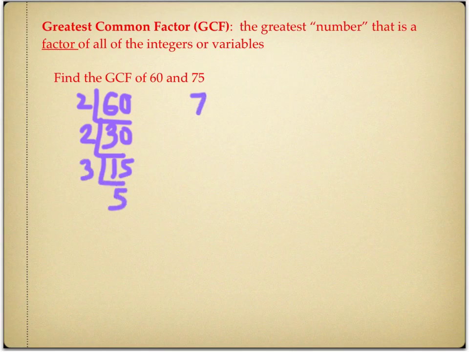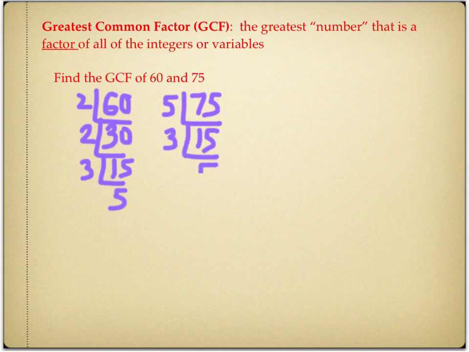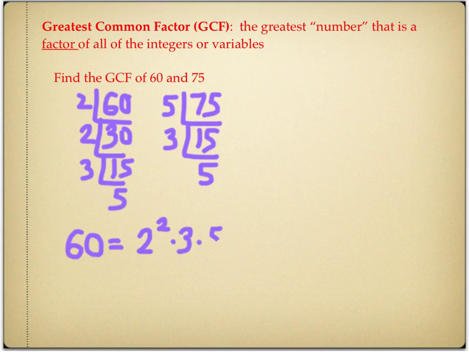Do the same thing with 75. 75 I have to divide by 5, and then 15, and I get it like this. So I'm going to write the prime factorization. 60 is actually going to be 2 squared times 3 times 5. 75 is going to be 3 times 5 squared.